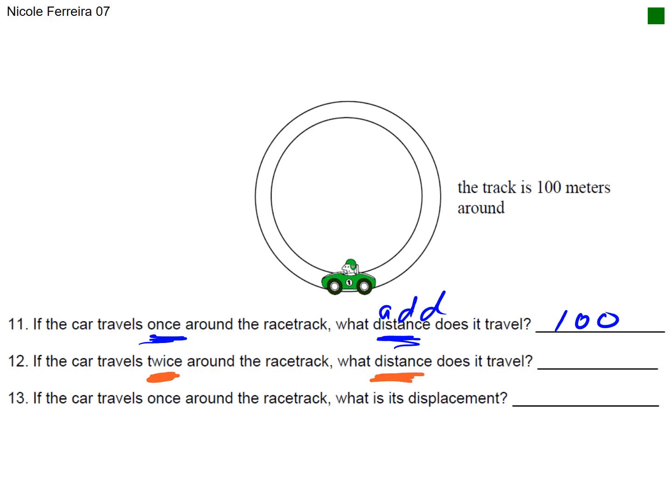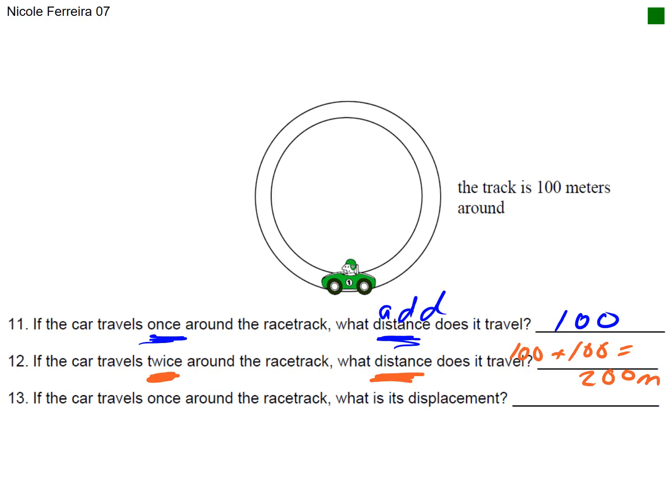So now it's going around twice. We're going to go around once, and then we're going to go around twice. So we get 100 plus 100. That's going to give us 200 meters. And then the last part, I'm going to do purple here.